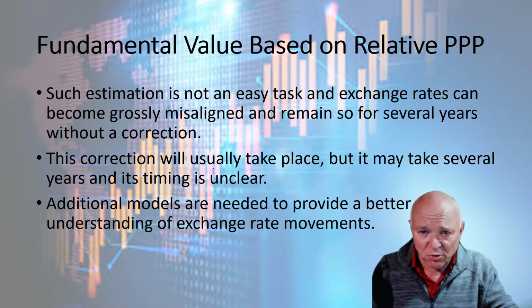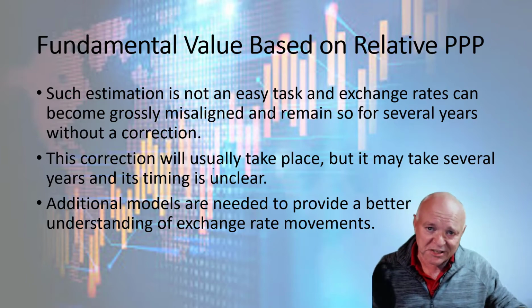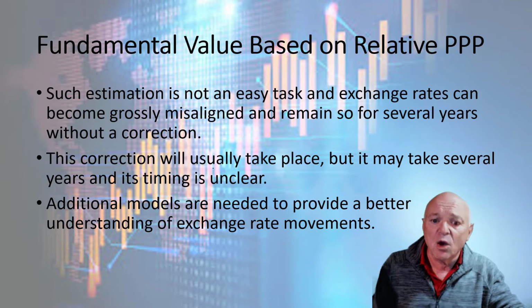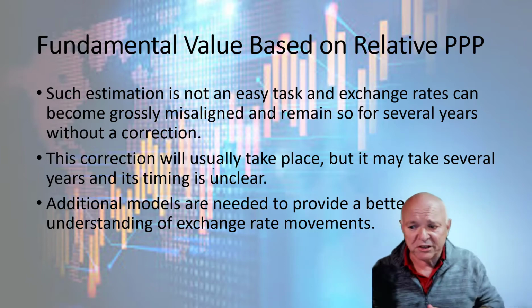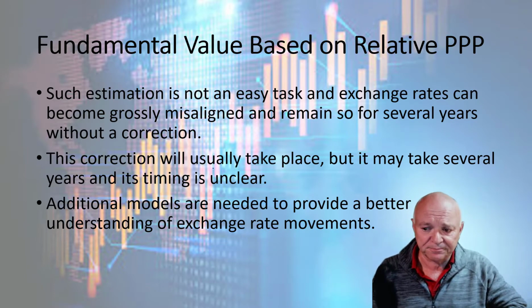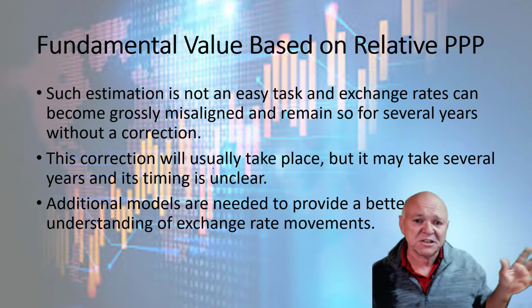So sometimes we have to make corrections to learn how to price things like the services embedded in a manufactured product. We can do that, and the correction will eventually take place, but it might take several years for us to identify that difference. And so we have several different models, not just the purchasing power parity model. You can see how this kind of adjustment has happened in the past.